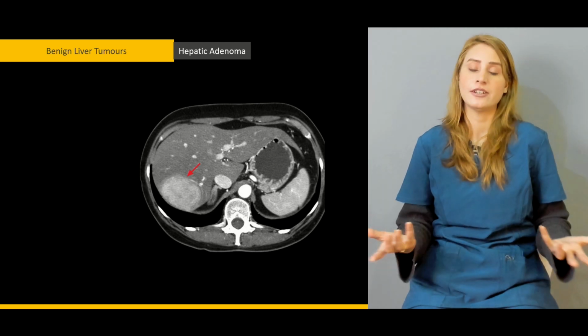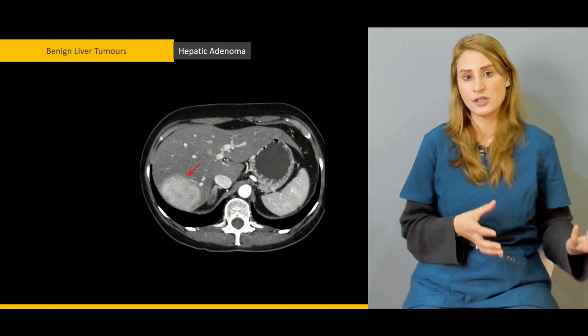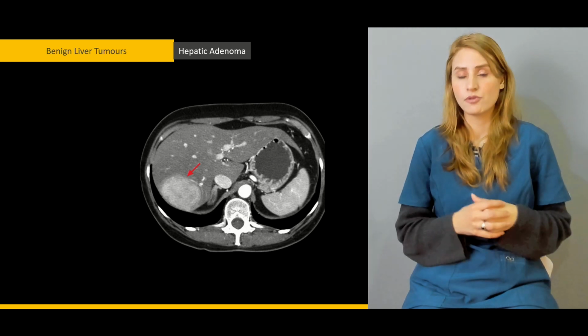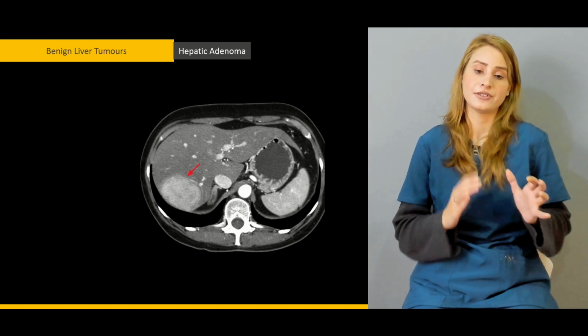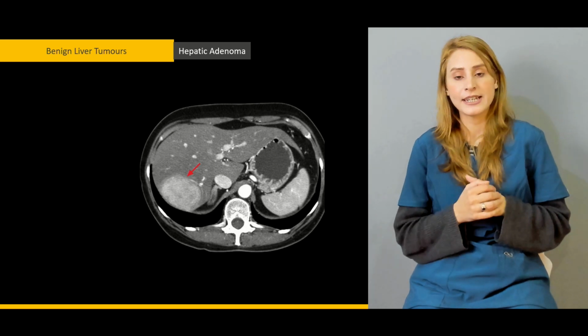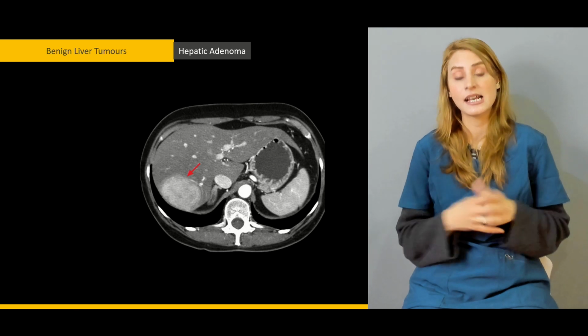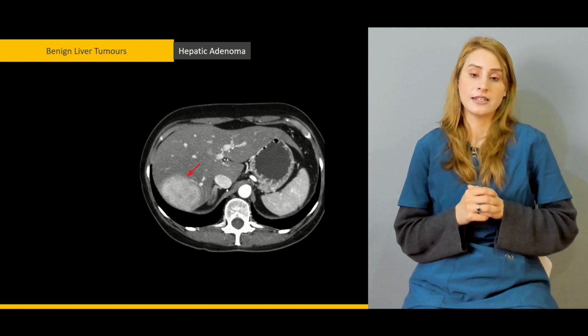We do not actually know the mechanism behind all this, especially what role oral contraceptive pills are playing in the development of the hepatic adenomas, but they have an incidence for the development of the hepatic adenomas.